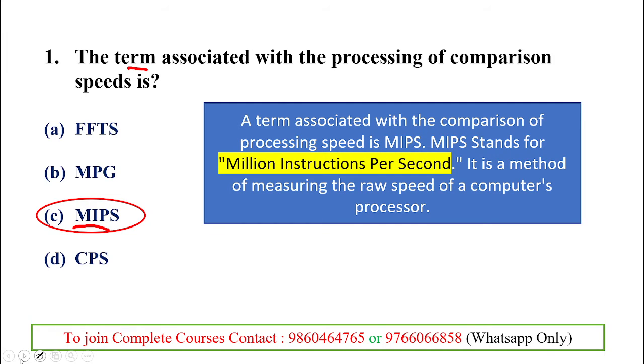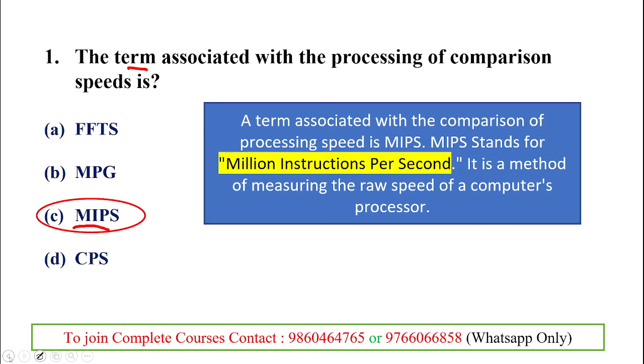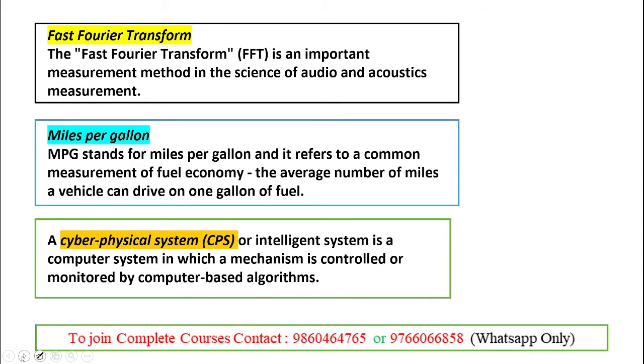Okay, then the next question. Before the next question you can see the other related concepts. First one is FFT, double F T, and that indicates fast Fourier transform. Fast Fourier transform is an important measurement method in the science of audio and acoustic measurement.